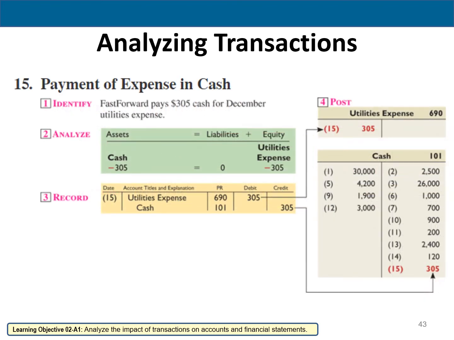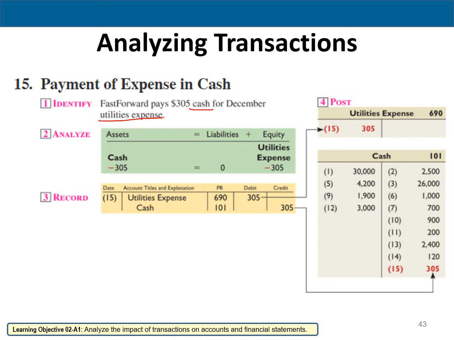All right, in transaction 15, Fast Forward pays $305 cash for December utilities expense. So what two accounts are affected? Cash and utility expense, right? Cash is what type of an account? It's an asset, belongs on the left side of your accounting equation. Utilities expense is an expense account, which in the expanded accounting equation falls under equity.